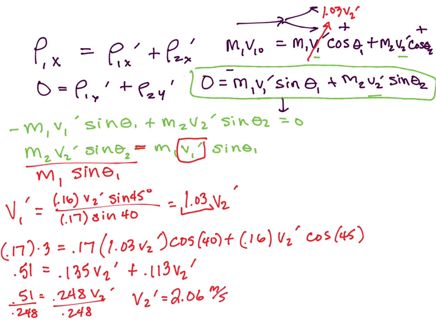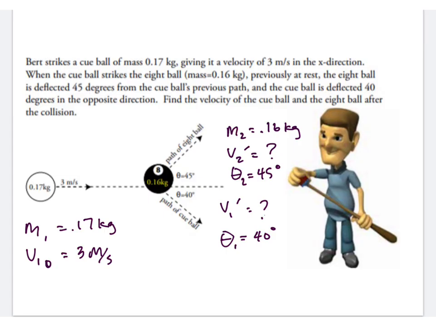This is the velocity of the black ball after it's gotten hit. That's the vector. The direction we already knew was at 40 degrees or 45 degrees. That's the path of the 8 ball. That's our V2, right? So that's that 2.06.